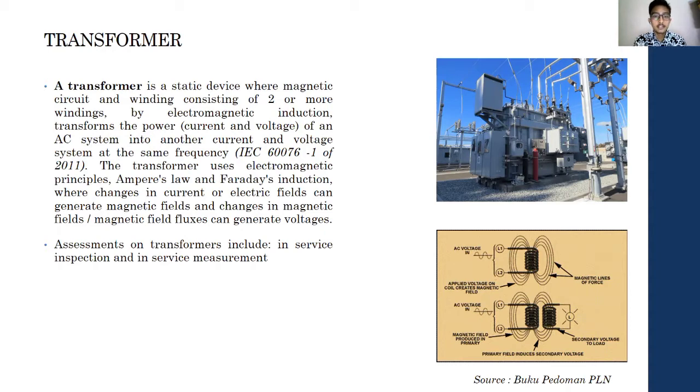Based on IEC 60076-1-2011, the transformer uses electromagnetic principle, Ampere's law, and Faraday's induction, where change in current or electric field can generate magnetic fields, and change in magnetic fields or magnetic field fluxes can generate voltages.